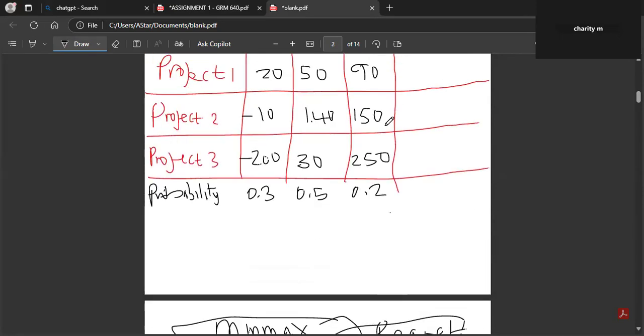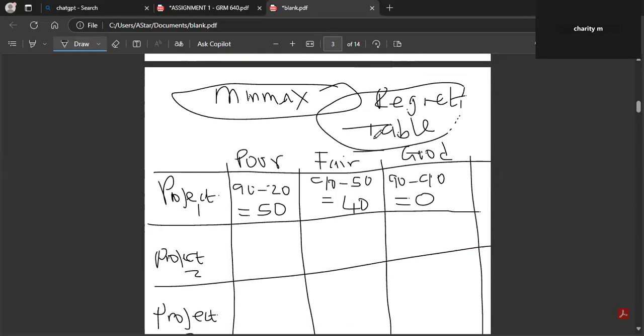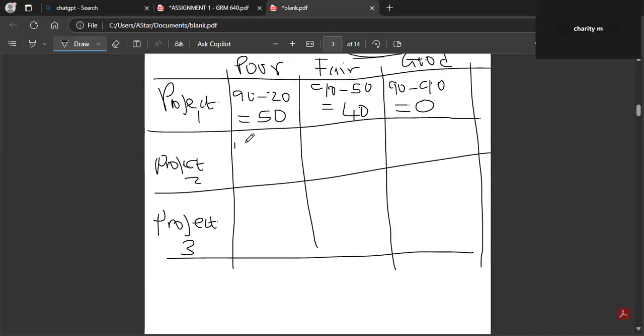Then for the other one, the maximum is 150. So 150 minus negative 10 is 160. Then 150 minus 140 is 10. Then 150 minus 150 is 0.